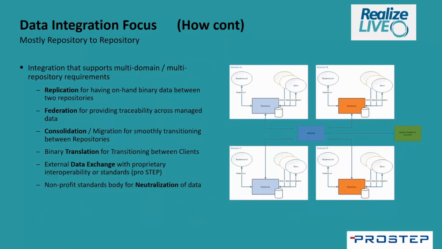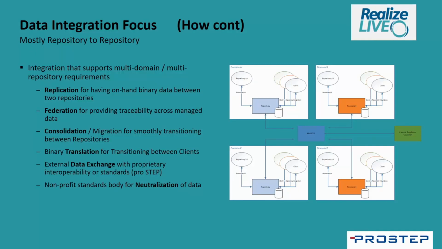The biggest thing is understanding that we're working under a repository-to-repository communication. The reason for that is we need to get to the data as it resides within these repositories, so we can identify system of record, we can identify uniqueness, we can identify ownership of that data, and understand how we're going to normalize it.